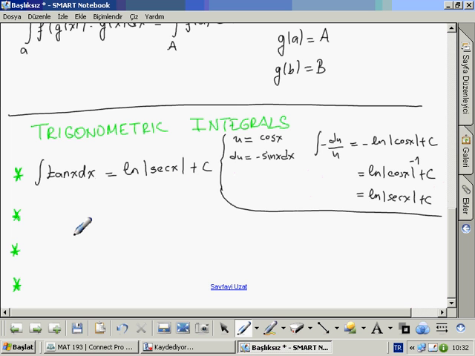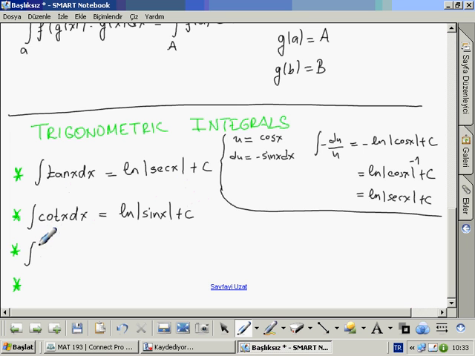This is only the first trigonometric integral, the tangent x dx, and we continue with the second one: the integral of cot x dx is equal to ln of sine x plus c.